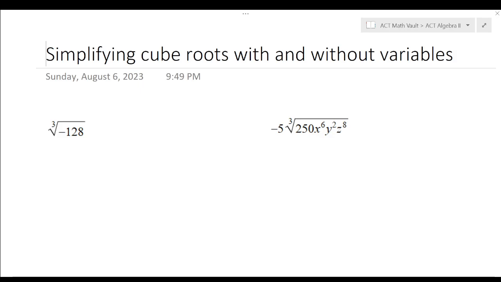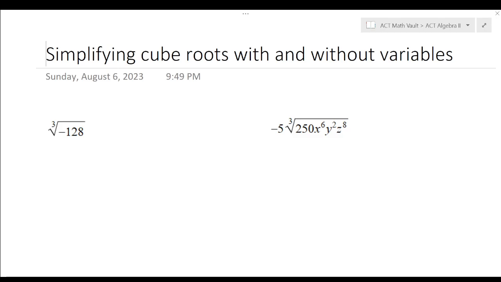This whole lesson can be applied to fourth roots, fifth roots, sixth roots. It's all the same thought process. But specifically, cube roots and cubes are listed as a standard on the ACT.